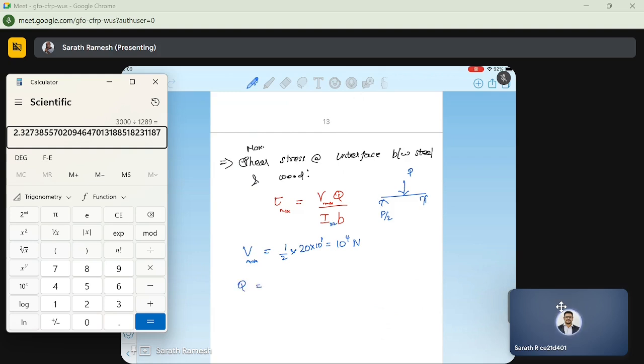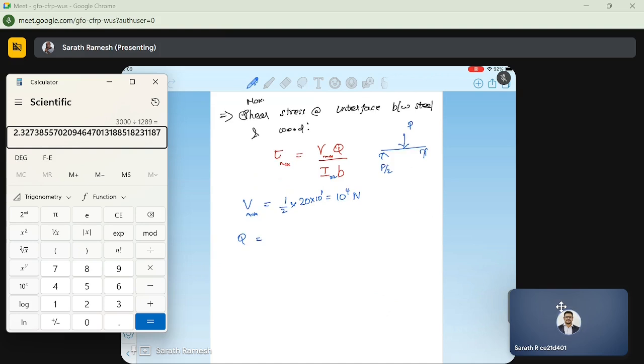Q is the moment of area from the section where we want to find the shear stress. So in this case, we have something like this, and we want to find it at the interface.